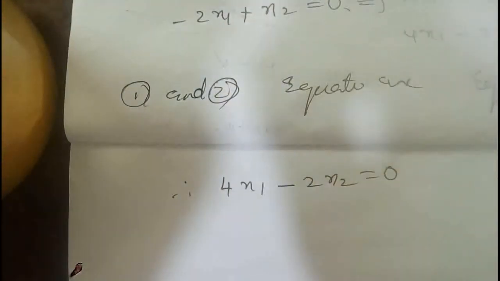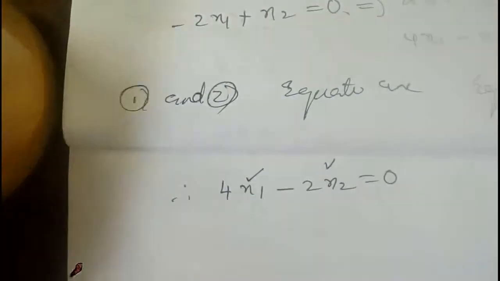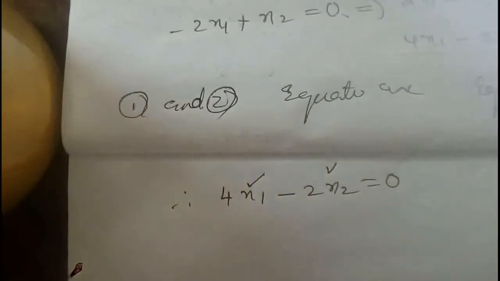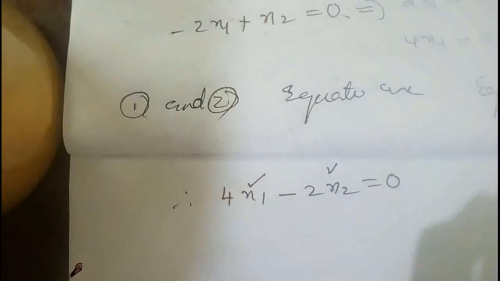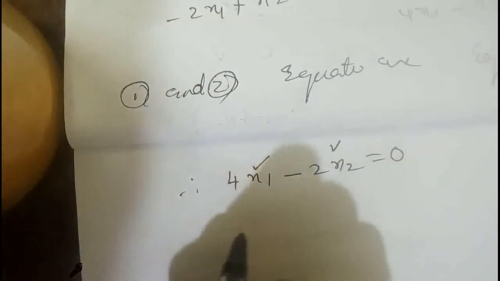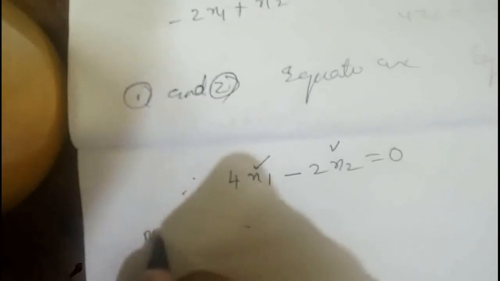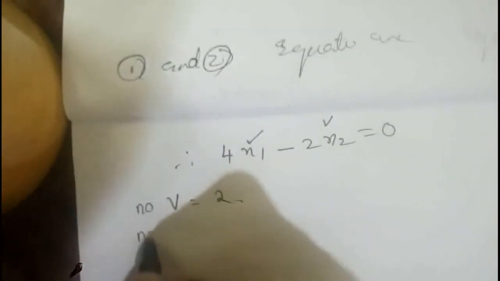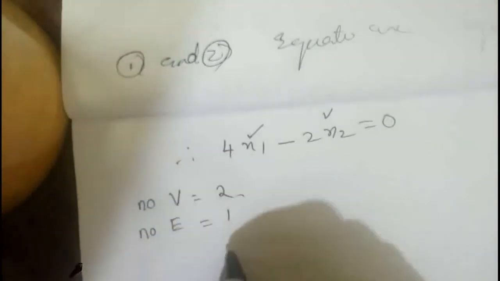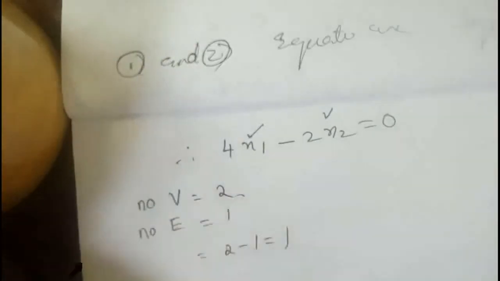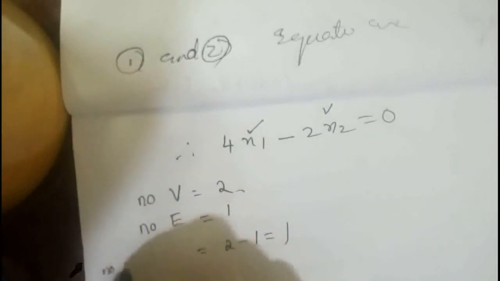We have one equation and two unknowns, so we need to take an arbitrary constant. Number of variables is 2 and number of equations is 1. So 2 minus 1, number of parameters is 1.